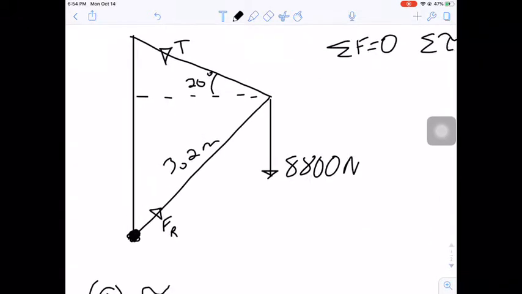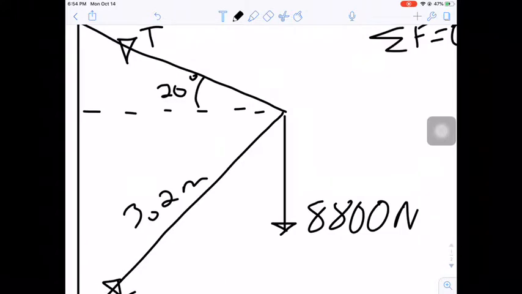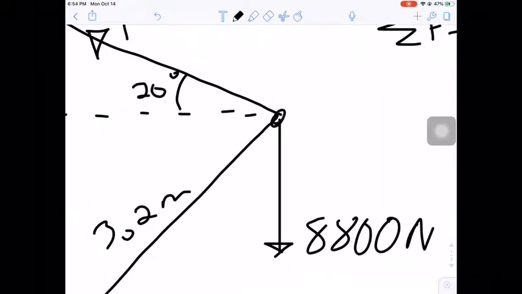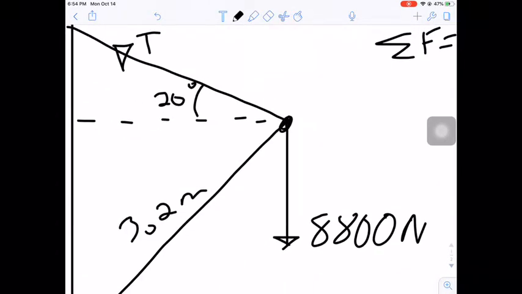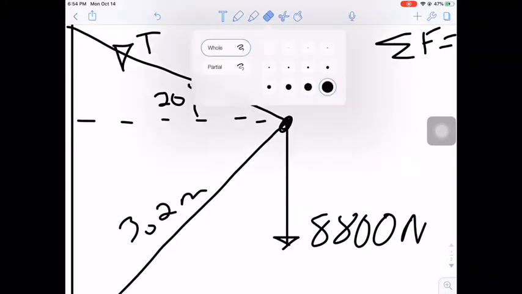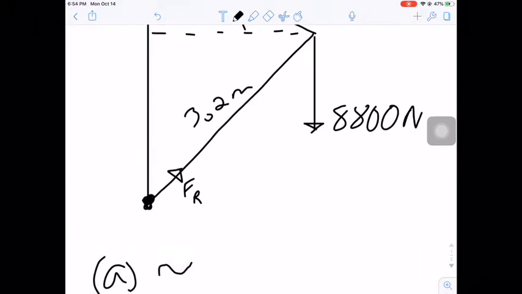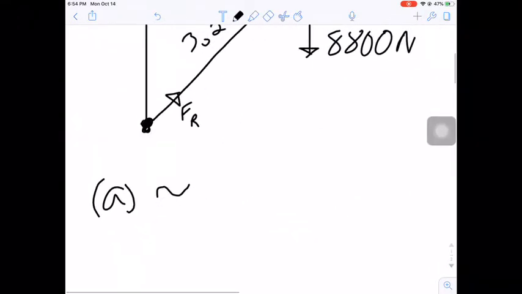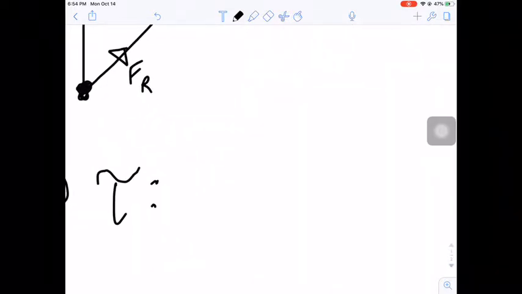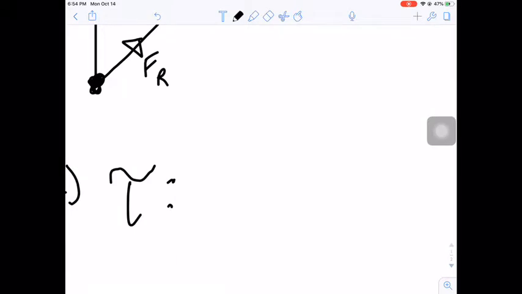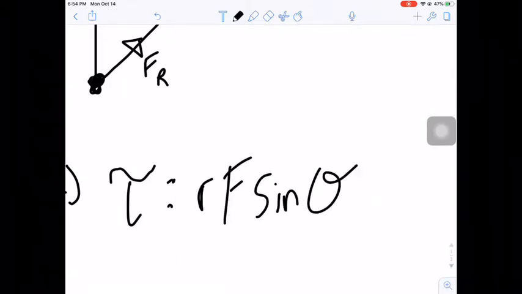Since we want the tension force, we don't want to pick this point, because that force would go out, and we won't be able to use that. So that's why we pick this one down here. The torque equation would look like, we know that torque is equal to R times F times the sine of whatever angle.